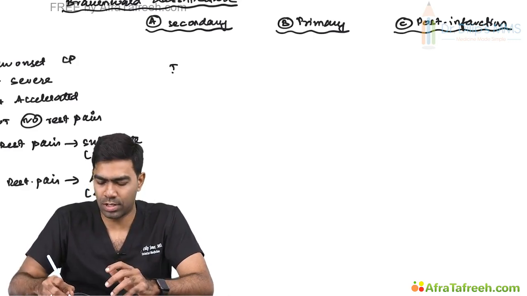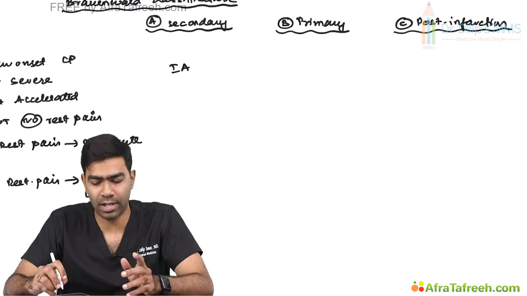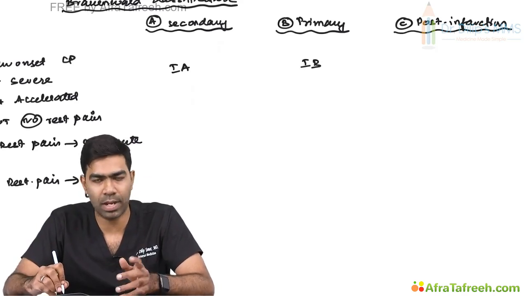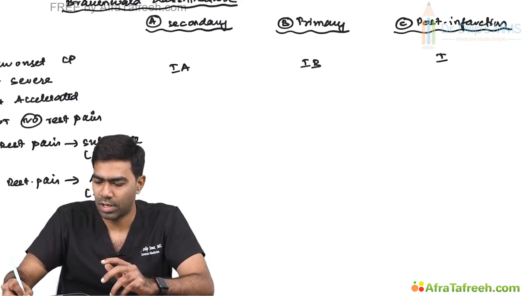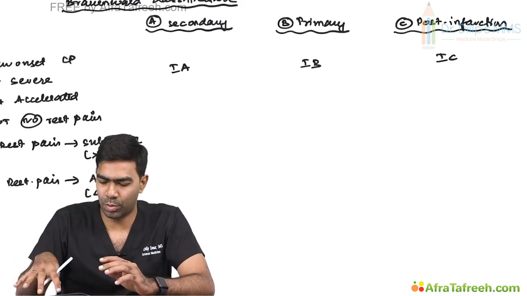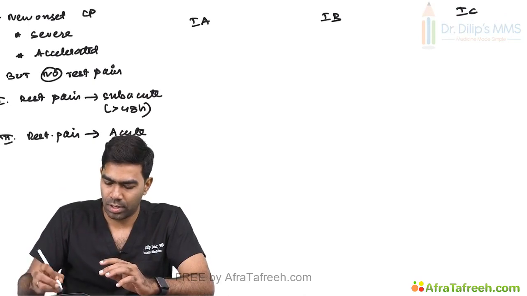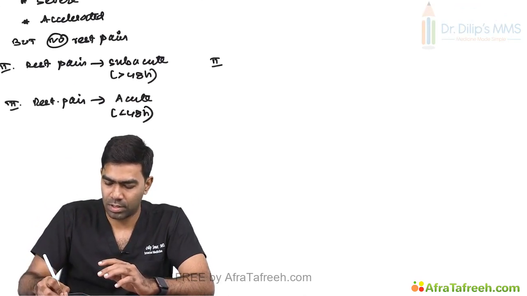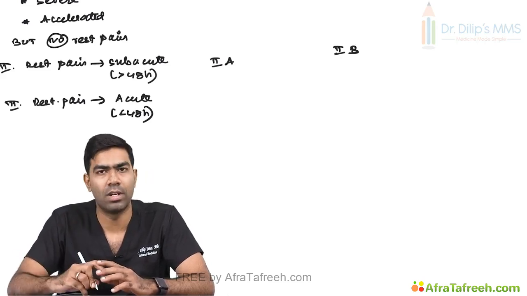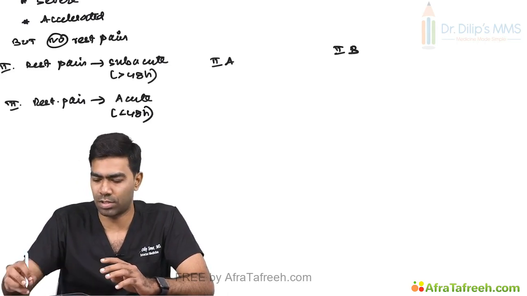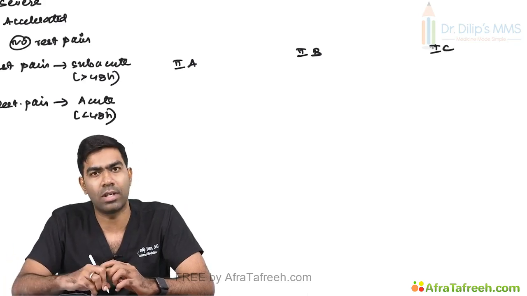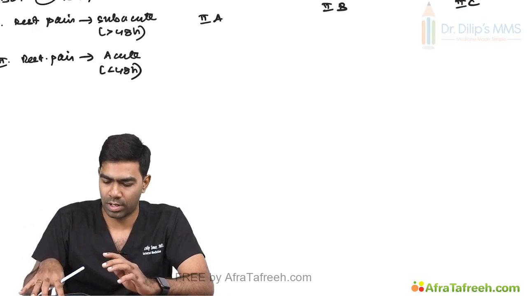Of course, new onset severe chest pain that has a secondary cause will be under class 1A. New onset chest pain that has no secondary cause but is primary in nature will be put under class 1B. And new onset severe chest pain that happens post-infarction will be put under class 1C. Subacute rest pain with a secondary cause will be called class 2A, subacute rest pain with no secondary cause and a primary cause will be put under class 2B, and subacute rest pain in the post-infarction period will be put under class 2C.